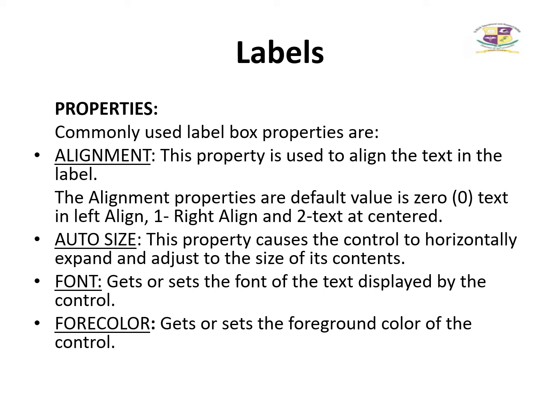These are the values you need to set. Auto size. It is used to adjust the size of the contents horizontally. Font. It is used to set the font of the text displayed in the control. The next is the forecolor. It sets the color of the font.